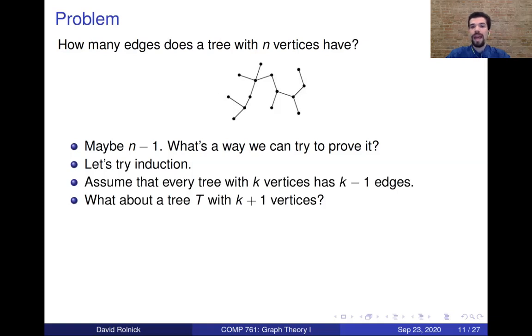We have a tree with k plus 1 vertices. How can we use our assumption to show that it has to have k edges?